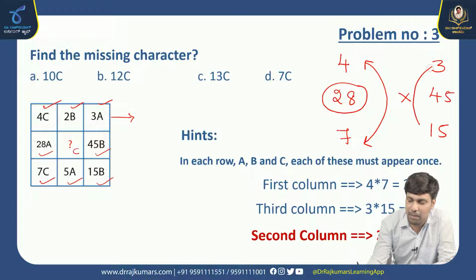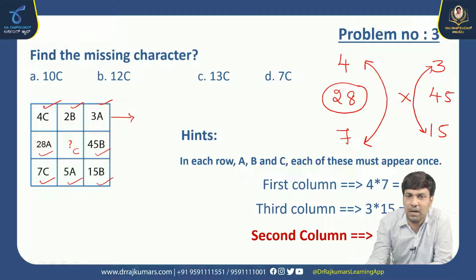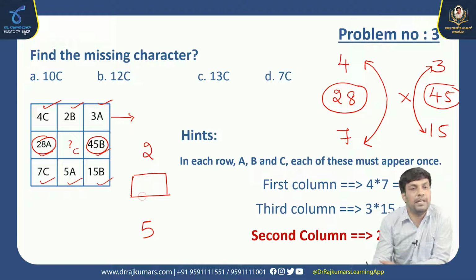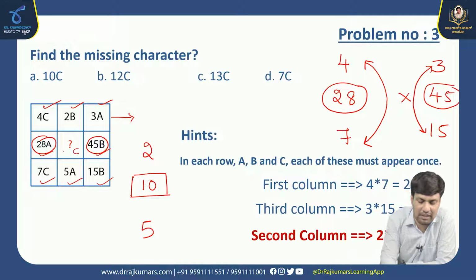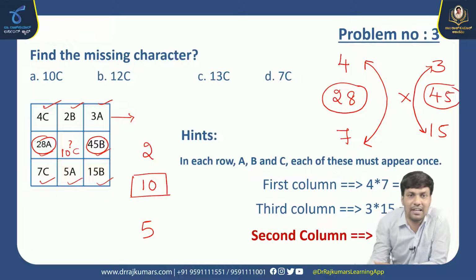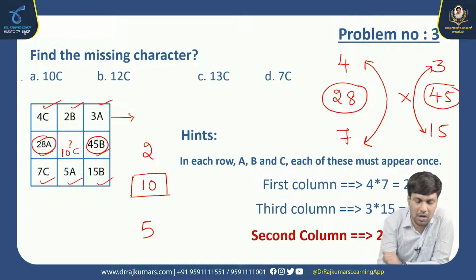Again, the extremes are multiplied, 15 multiplied with 3. We have the resultant 45, which also meets the requirement here. In the same way, 2 should be multiplied with 5 and the resultant should be entered in the middle one. We get the answer as 10. So the right number to fill the middle box is 10C. So the option is option A.